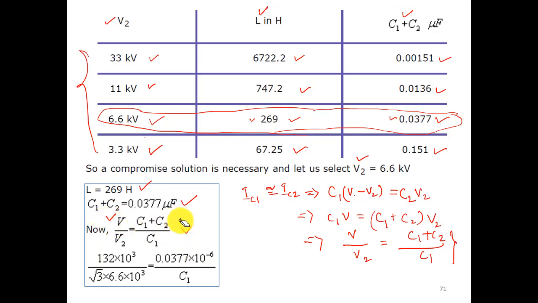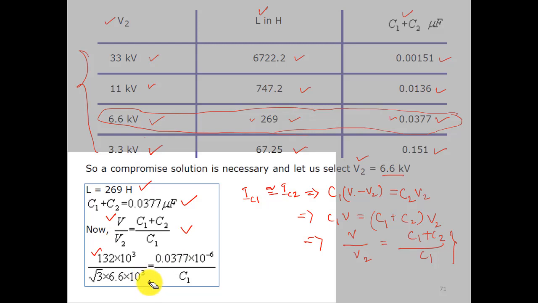know V is the nominal voltage, given voltage, that is 132 kV, that is line to line. If we convert it to phase voltage, it is 132 into 10 to the power 3 by root 3, and V2 also we considered here. From this, V2 is 6.6 kV. Now substitute this here, 6.6 kV.